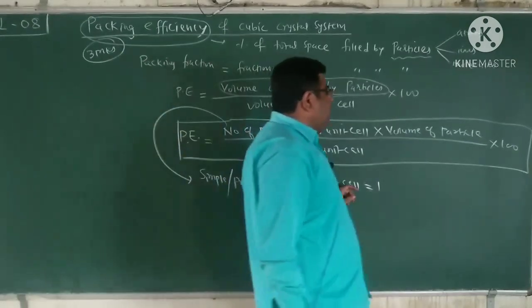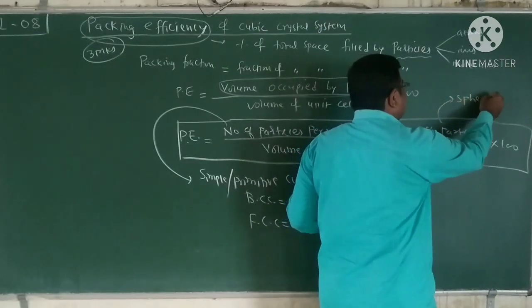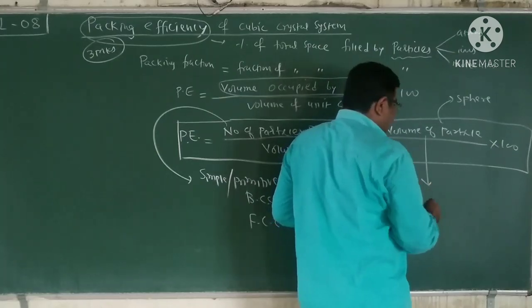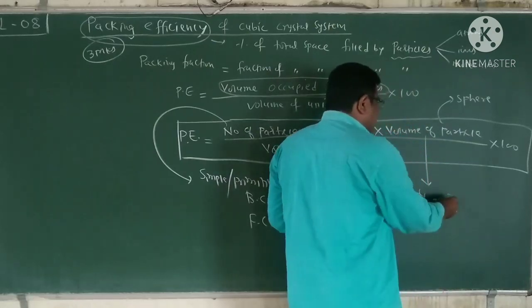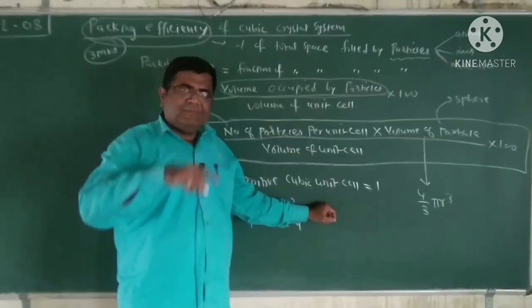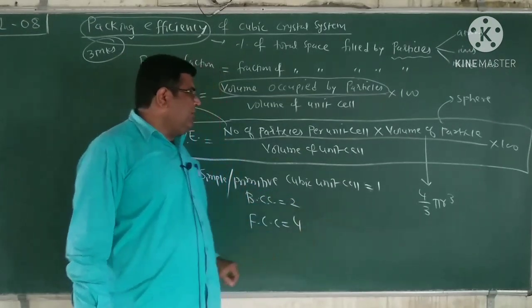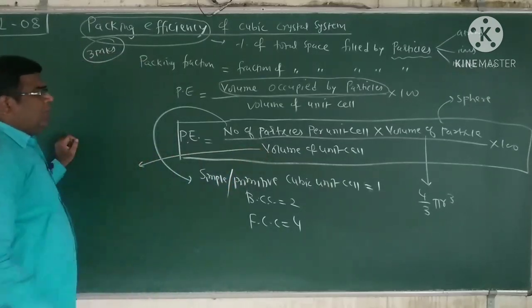What is the volume of the particle? Particle we are assuming as a sphere. So volume of sphere is equal to 4 by 3 pi r cube. What is the volume of the unit cell?